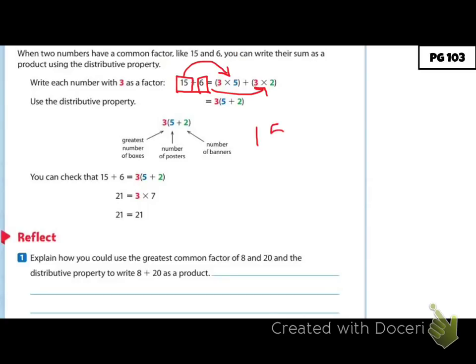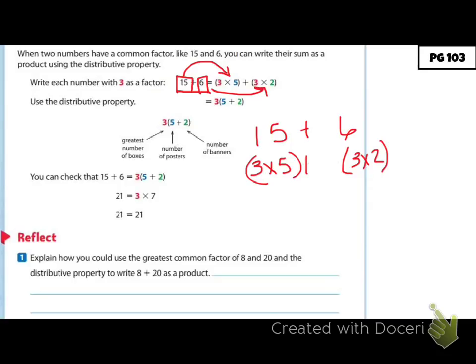For 15, we can write 15 as 3 times 5. And for 6, we can write it as 3 times 2.